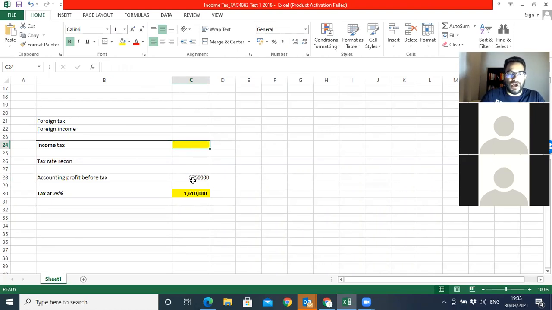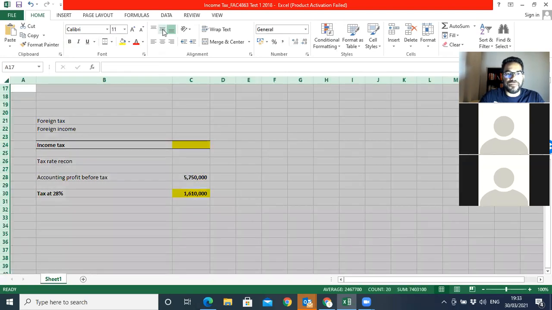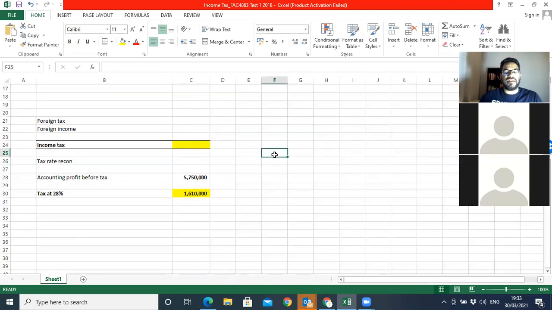So we'll answer this question now. What goes into the tax rate recon is only permanent differences. More specifically, what goes into the tax rate recon is what accounting did and SARS did not do, or what SARS did and accounting did not do, that relates to permanent differences.